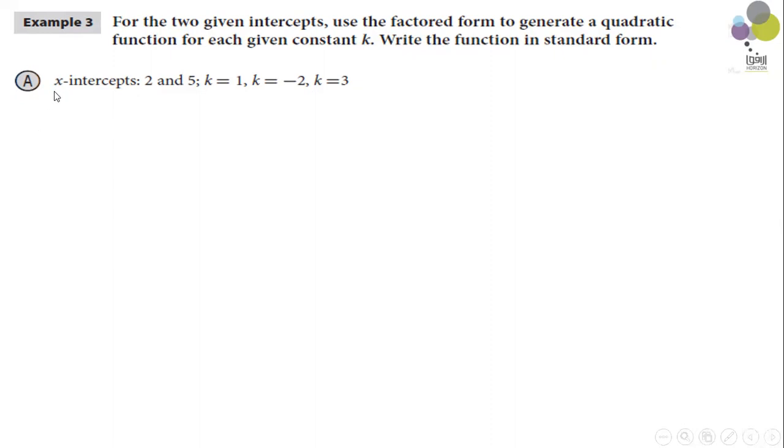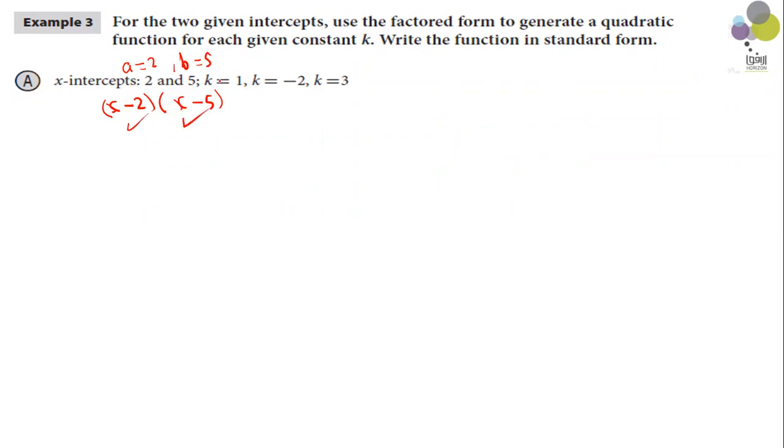Letter A. The x-intercepts are 2 and 5. So a is 2, b is 5. So the first factor we have here is x minus 2, and the second factor is x minus 5. x minus a, x minus b. This is the first factor, and this is the second factor.